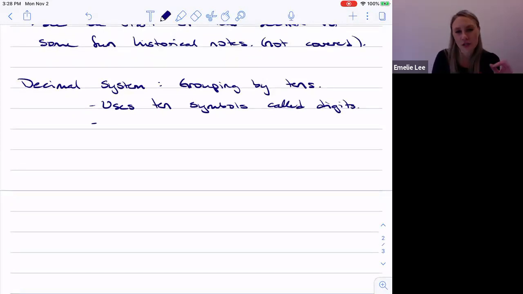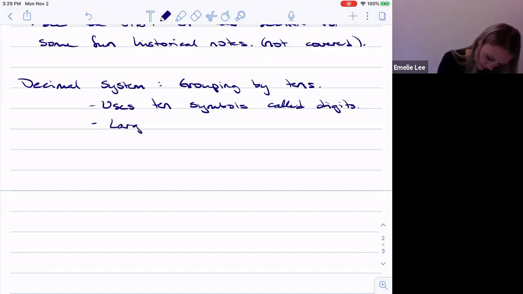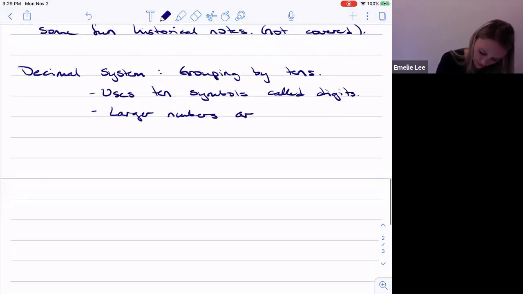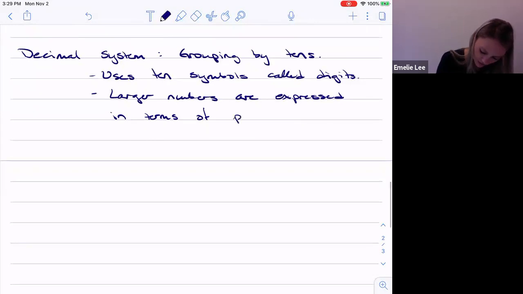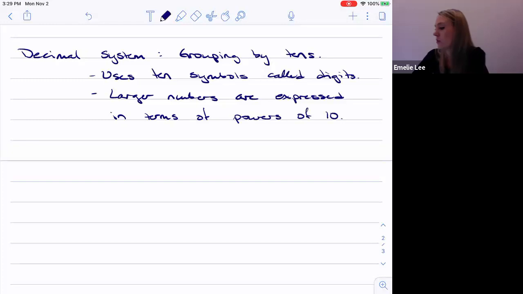And then the larger numbers are expressed in terms of powers of 10. Okay, so still working with 10.